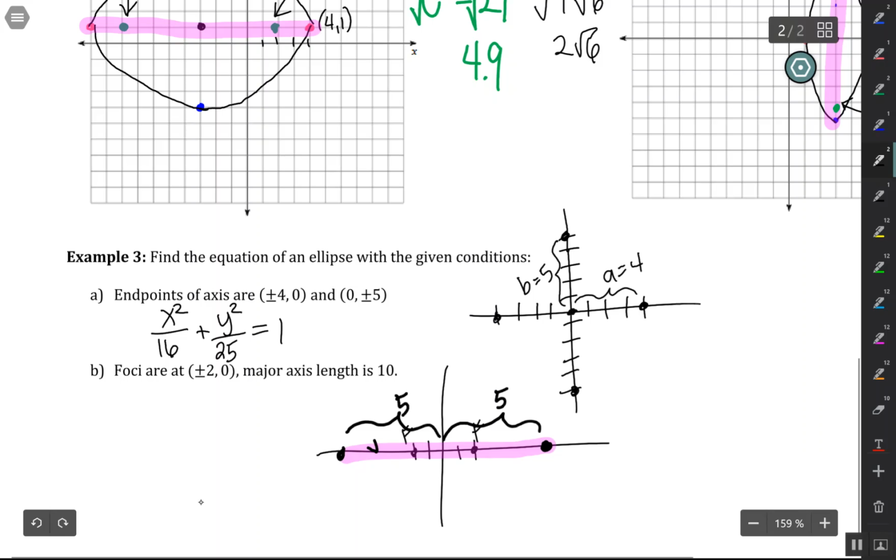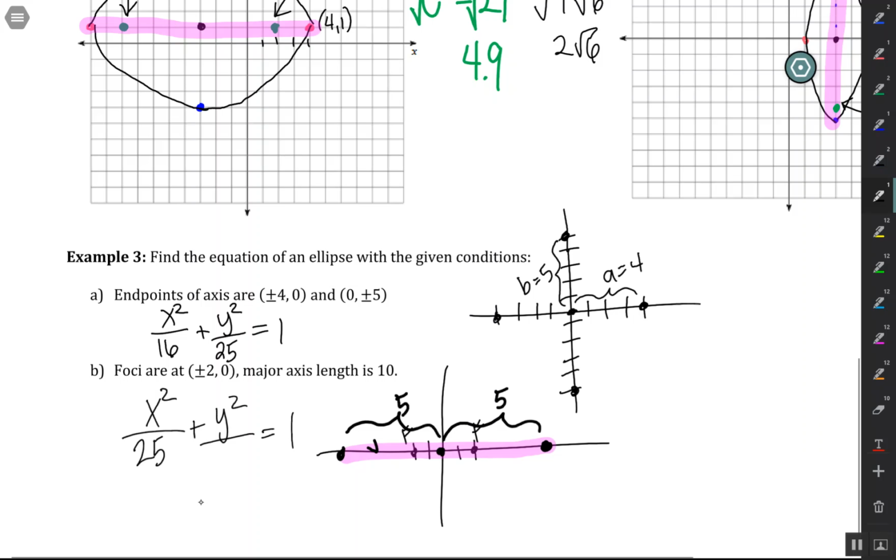So it looks like in the middle here we've got the center as the origin again. We've got A is 5. So we got x squared over a squared is 25 plus y squared over, I don't know what b squared is, equals 1.